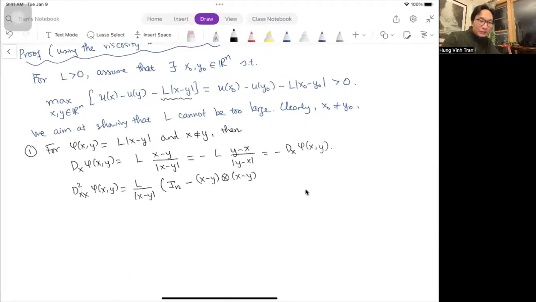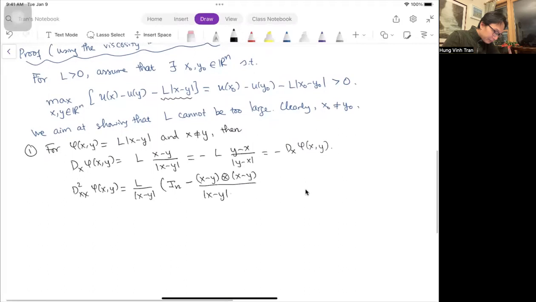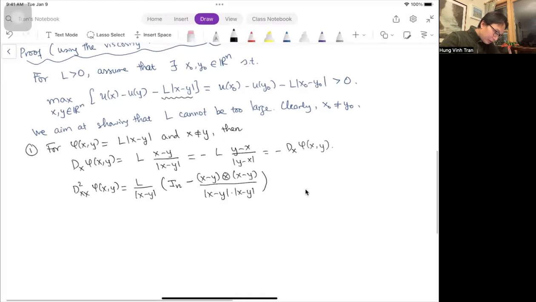Here by tensor, I just mean that the ij slot is (x_i minus y_i) times (x_j minus y_j). Z tensor Z at the slot ij is just z_i times z_j.